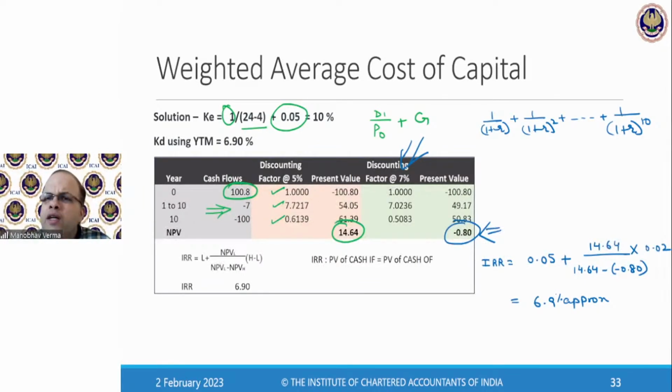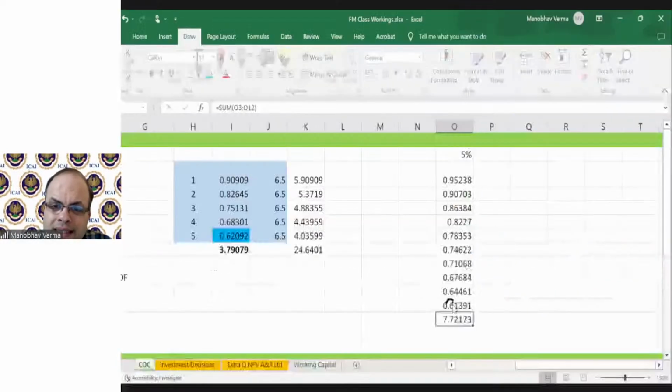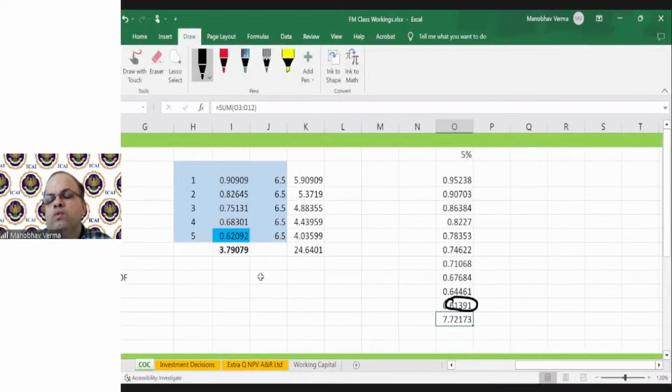There is no discounting required for time 0. 0.614 is the discounting factor for the 10th year, like we calculated here. Dinesh, I hope this is clear now. This is 0.614, the 10th year single factor.